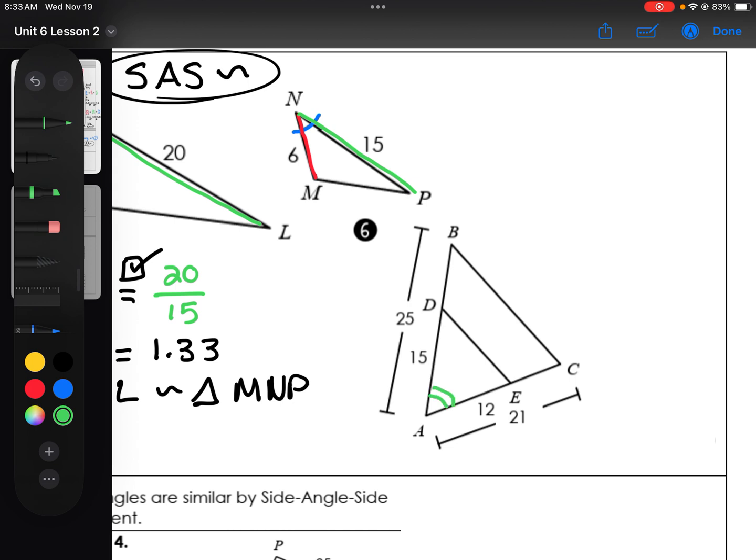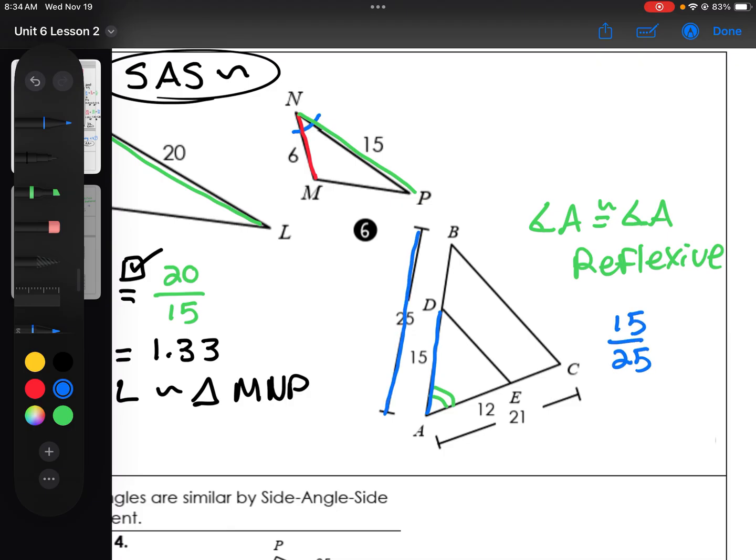So I have angle A is congruent to itself by the reflexive property. Okay. And then we need to see if the sides are proportionate or not. So this 15 needs to relate to the longer side, which is 25.